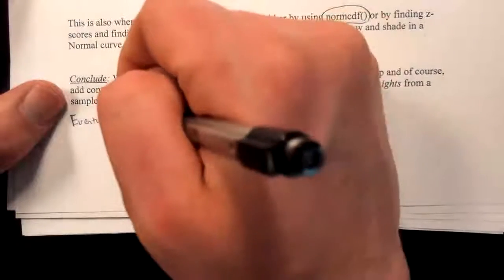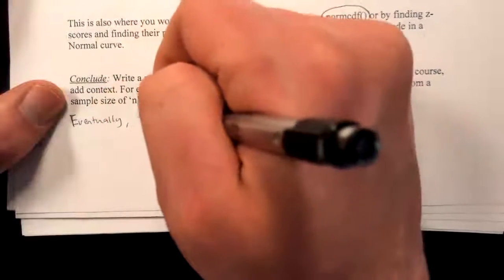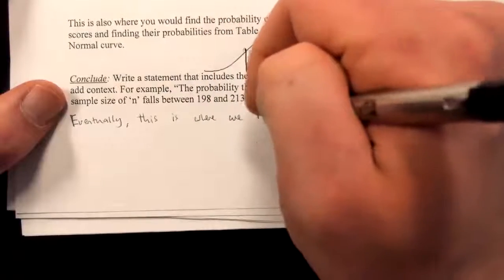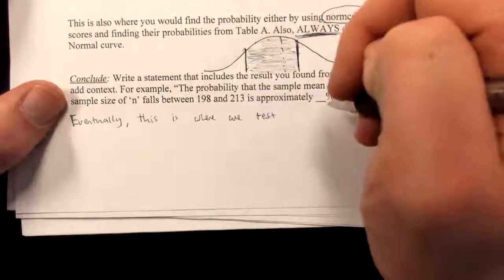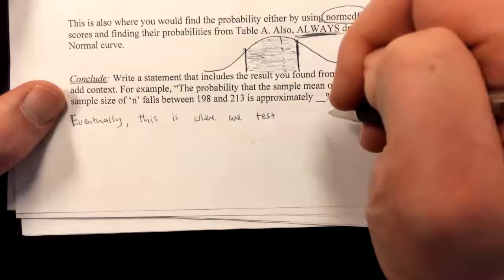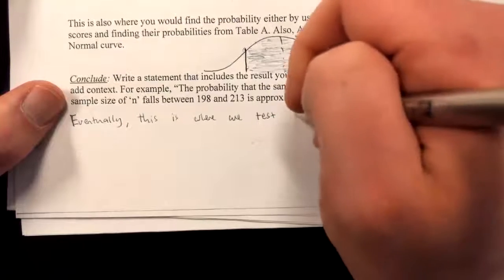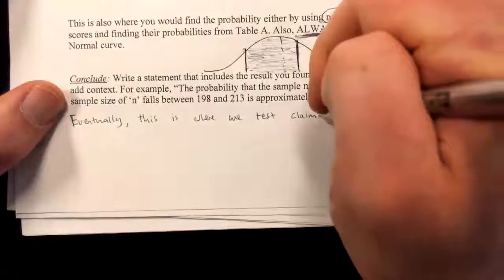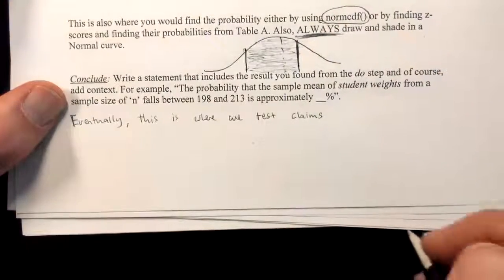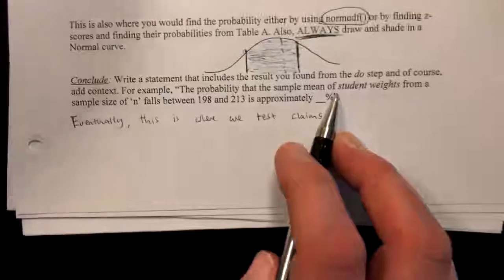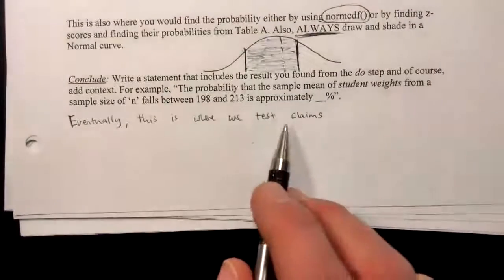Eventually, this is where we test claims. We will actually prove that a claim is false or not false. So you want to get good at this now. Be able to interpret this statement. It's really going to help you out for the next section that we covered.